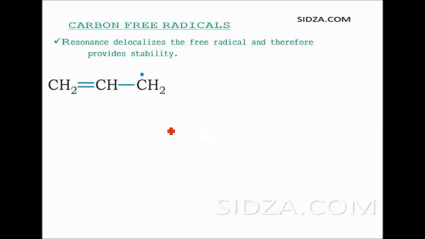If you remember, for the carbocations, the electron pair of the pi bond shifts towards the carbocation. In the carbanion, the pi bond shifts away from the carbanion, right? But in free radicals, if you have a free radical, it will also be delocalized by the homolytic bond fission here.